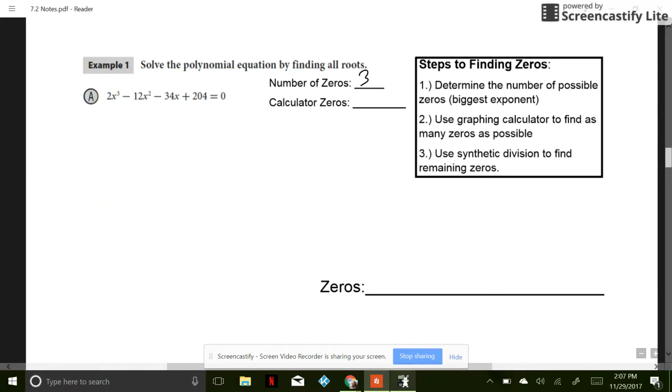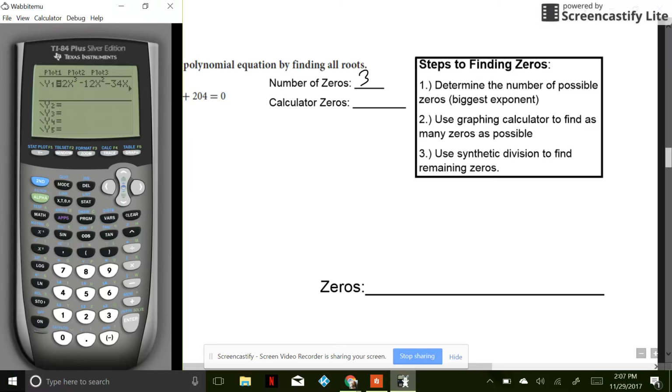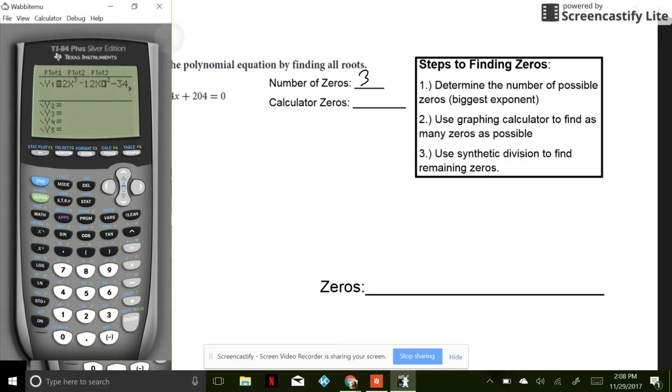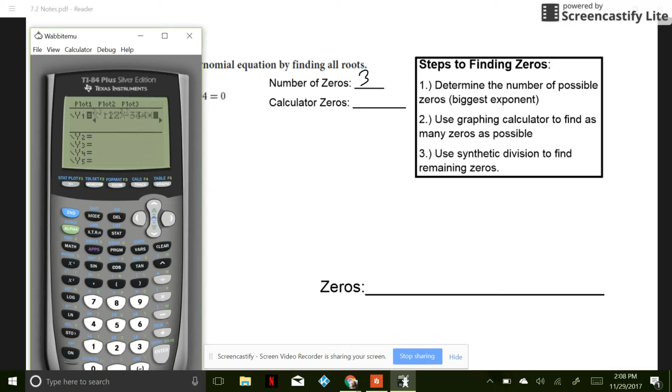2x cubed minus 12x squared minus 34x plus 204.